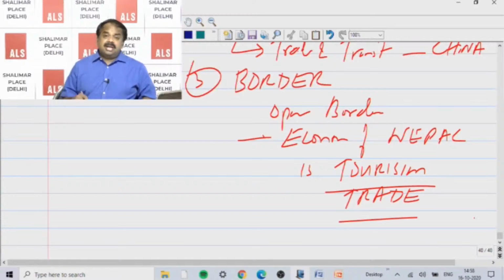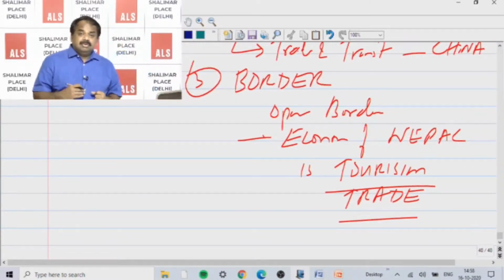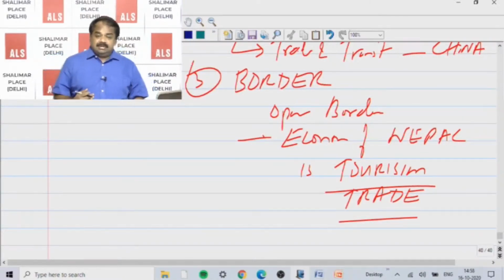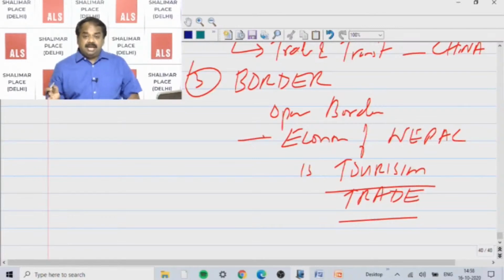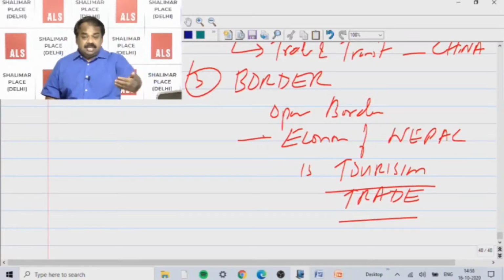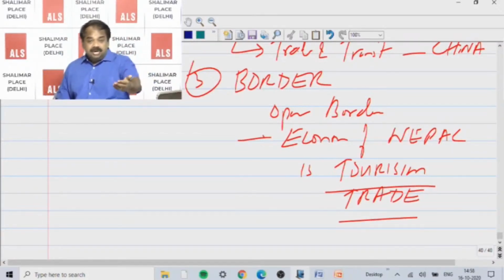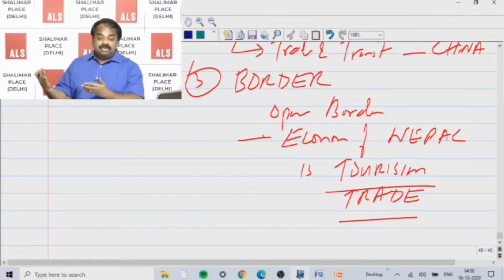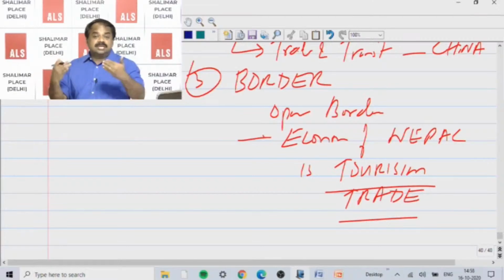These are the two major activities, especially of the Marwadi community. They are completely dominating the Nepali economy, which is not to their liking. Nepal wants some restriction on Indians entering Nepal. Then we reminded them, if you restrict, we will also restrict. Then what will happen to the poor ordinary citizens who are finding employment in India? That is why they are not able to push it beyond a point.